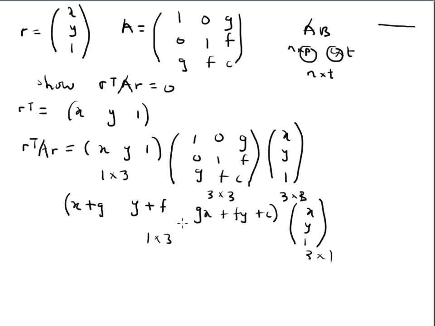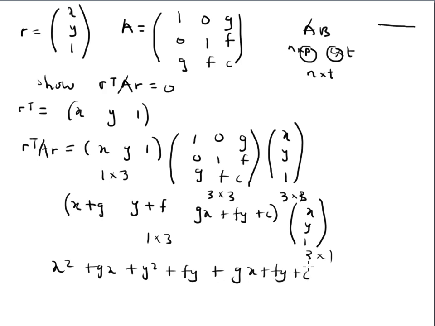Multiplying this together, this x plus g is multiplying this x, so we get x squared plus gx. Y plus f is multiplying y, so we get y squared plus fy.